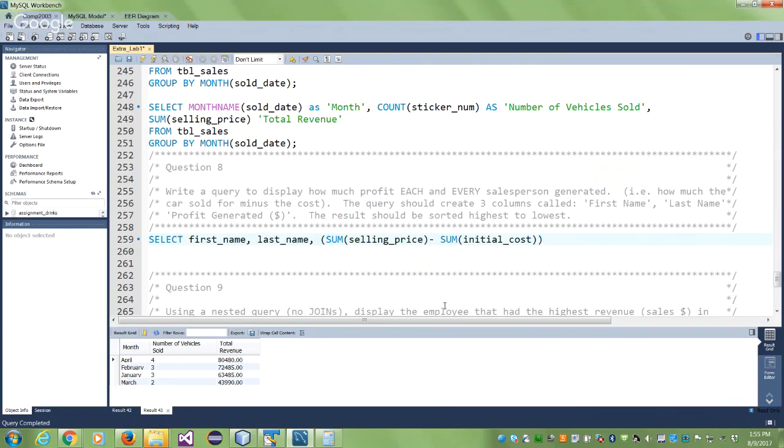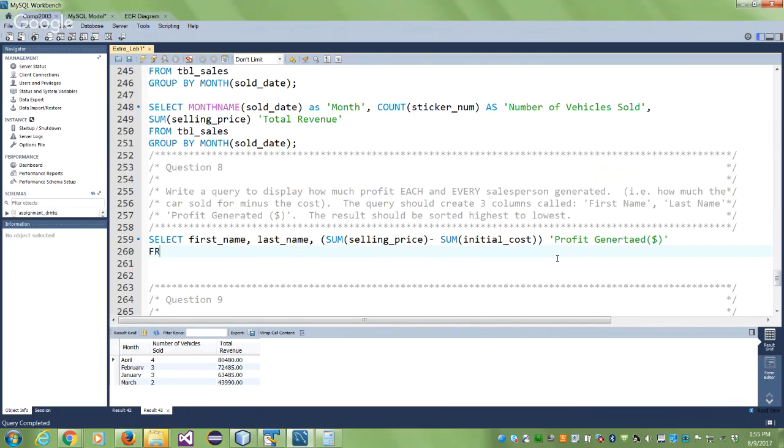Okay, so basically that's the sum of the selling price, and then subtracting the initial cost for each salesperson, right? And this has to be given a heading as profit generated. So profit generated by each and every employee.